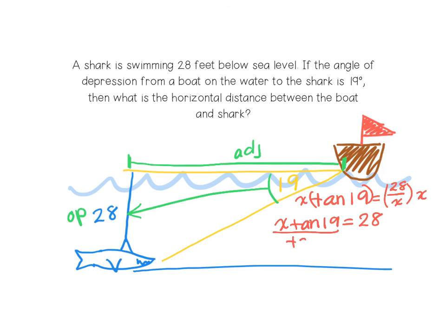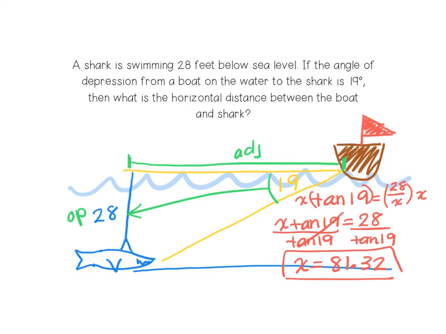I'm going to divide by the tangent of 19 on both sides. So 28 divided by the tangent of 19 is 81.32 feet. So that shark is 81.32 feet away from the boat.